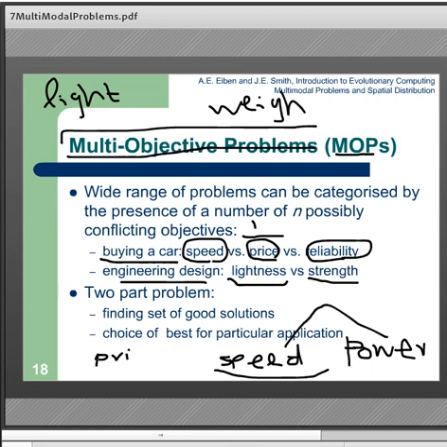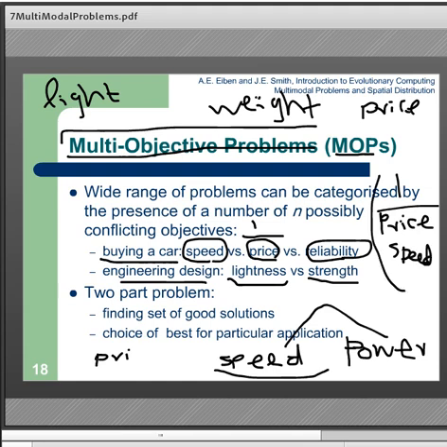The weight of a car and the price, or sometimes you want to use a cheaper car, or the reverse of price but with higher speed.